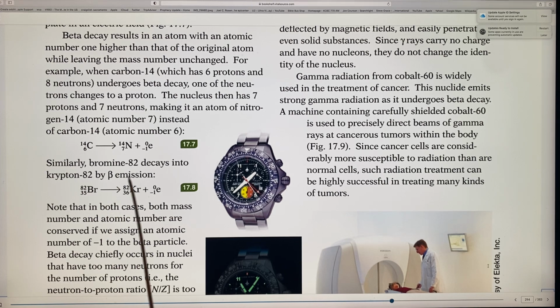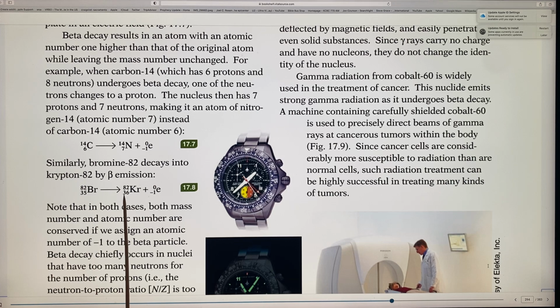Okay? And bromine is another one. Here's bromine, and it's decaying into krypton. How does it decay? Bromine's atomic weight stays the same, because it has the same total of neutrons and protons, but one of these 82 neutrons is going to change into a proton, making the atomic number, the protons, more.